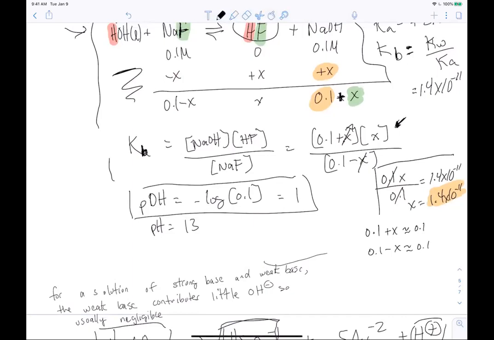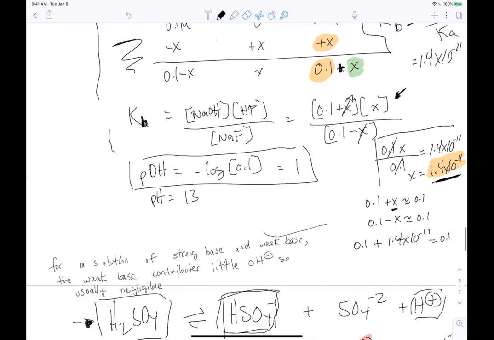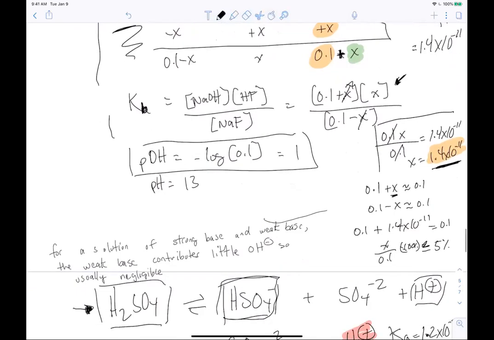If I go back and plug this number in, 0.1 plus 1.4 times 10 to the minus 11th really is equal to 0.1 by any approximation. If you want to get more precise, you can take x, put it over the original value, and multiply it times 100 to see what percentage it is. If this is less than or equal to 5%, then you can say the approximation holds. That's the way to do it.